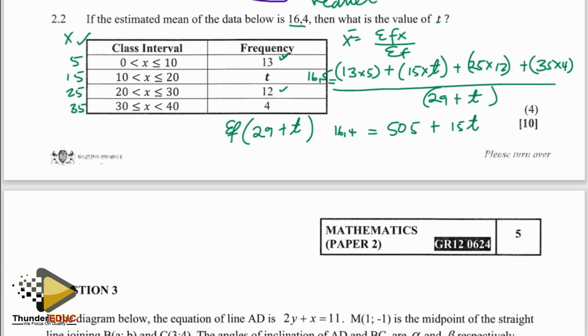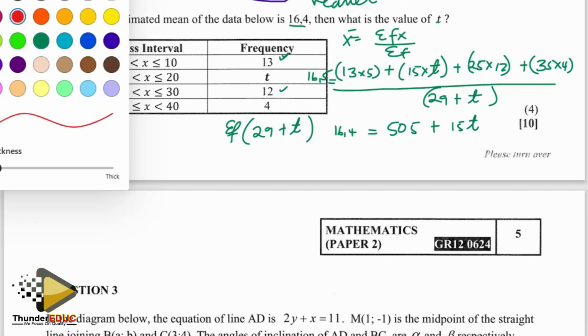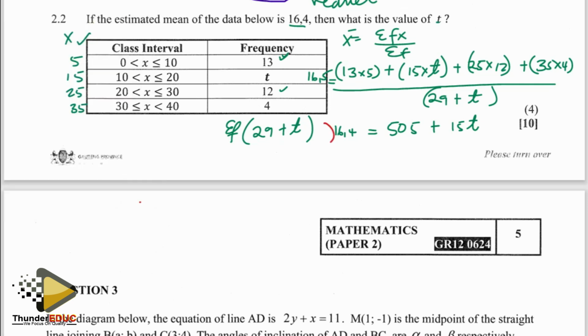I can multiply this side by the 29 plus t. I'll open this up. I'll have a 475,6 plus a 16,40 is equal to 505 plus 15t.